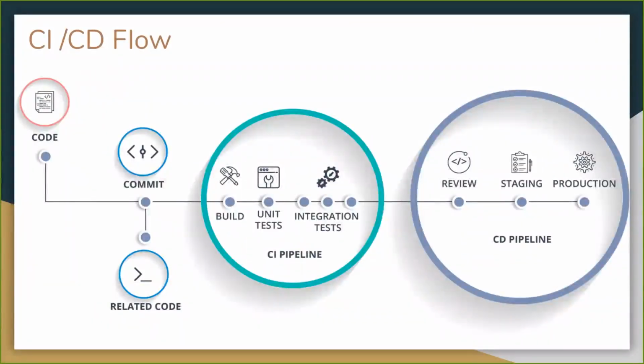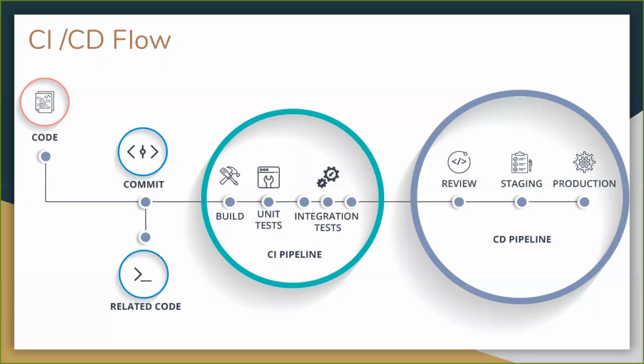So this is the flow of CI/CD. The developer writes the code and commits it to GitHub or any remote repository. Then the CI pipeline, which is taken care of in the automation server, does things like building the code and performing unit testing and integration testing. All kinds of automation testing are performed here in the CI pipeline.